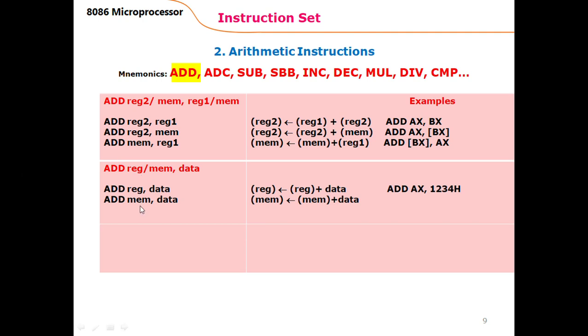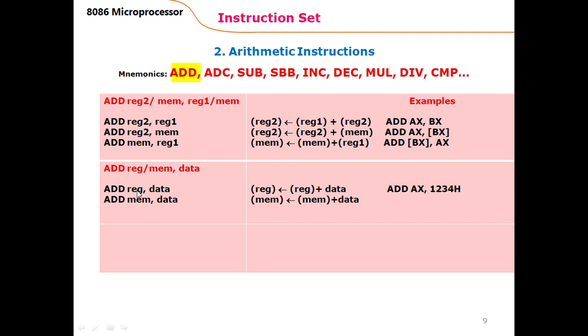So in the case of a register as the destination of the result, the immediate data is added with the content of the register, and the result of the addition is stored in the same register. So data plus register, and the result is stored in this register.